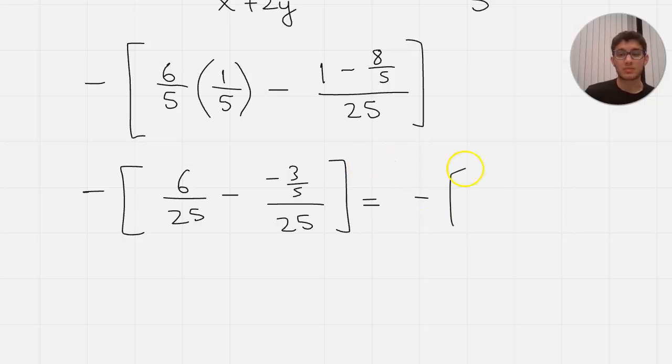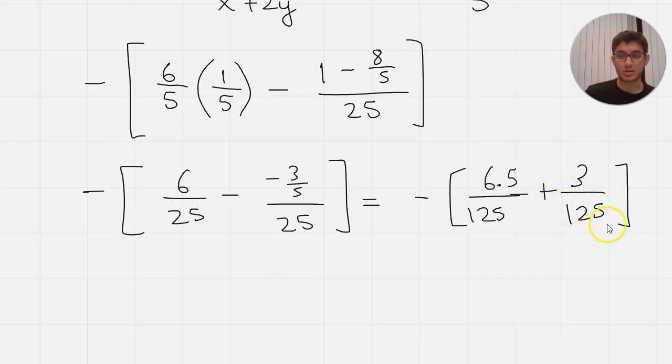This is negative 6 over 125, but you have to multiply by 5. So I'm just giving them a common base, minus negative 3 fifths. So we're going to make that minus negative 3, which is plus 3 over 125. Right? So just bringing them both to a common denominator of 125. What is this? This is just negative 30 plus 3, so negative 33 over 125.